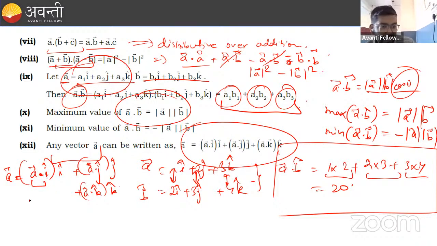So for a bar dot i cap, since there is only i cap, the other vector is only i cap, right? So this b1 is 1, this is 0, this is 0. So a bar dot i cap will give you a1. For a bar, the x component you got as a1, similarly the y component you will get as a2, and for the z component you will get a3. Right? So that is why it becomes a1 plus a2 plus a3, and that is why we can write it like this.